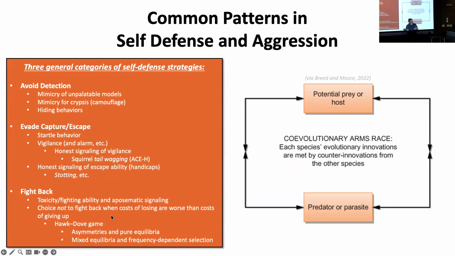So how do you decide whether you're a hawk or a dove? Are there asymmetries in the animal or in the animal's history that explain whether it should be a hawk or a dove? And if not, do we expect to see mixed equilibria, where some of the population plays one thing and the other part plays the other thing, and they might even oscillate? And so it leads all the way down through there.